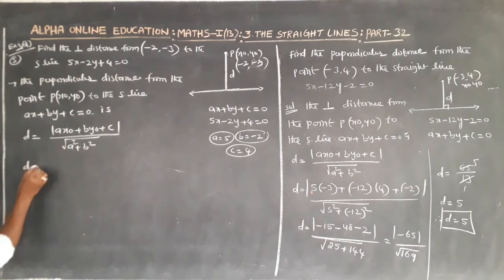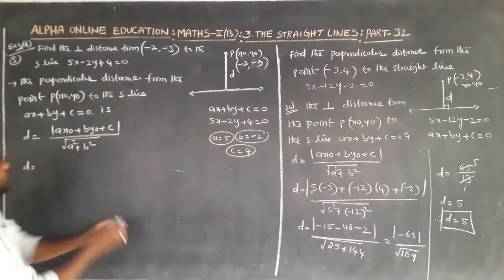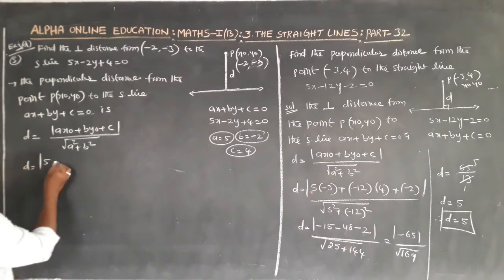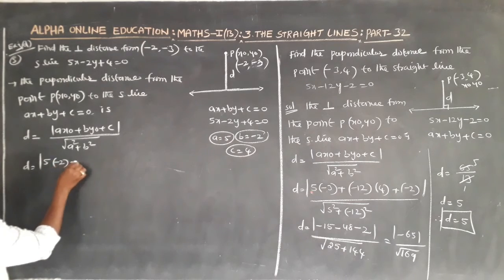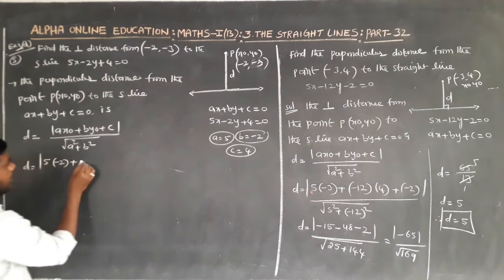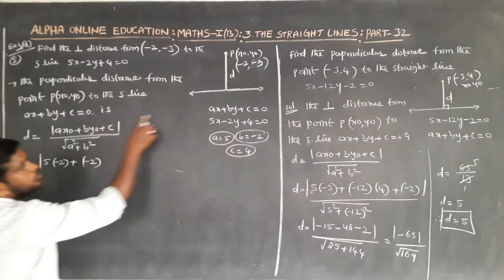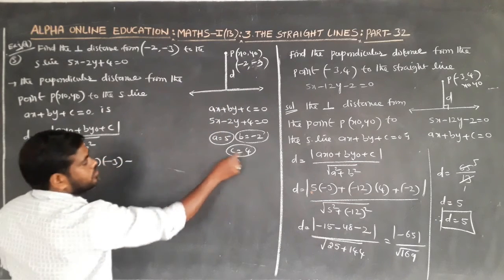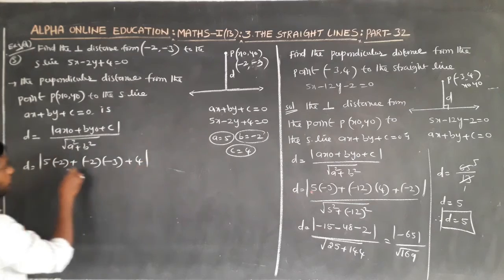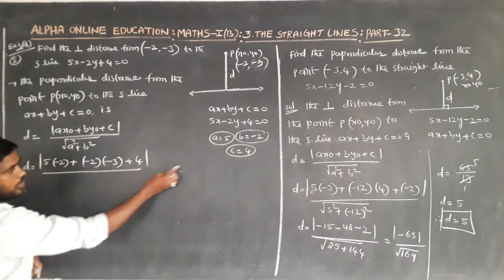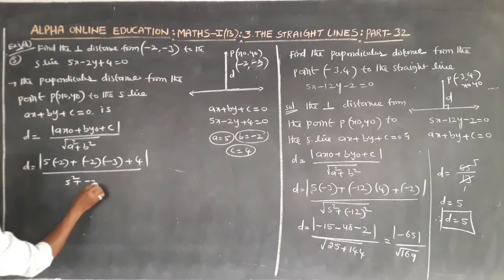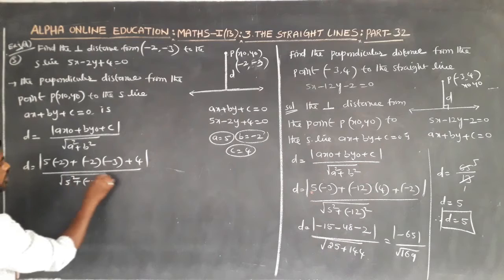Here a is equal to 5, x naught minus 2, b minus 2, y naught minus 3, c is 4, by under root of 5 square plus minus 2 whole square.